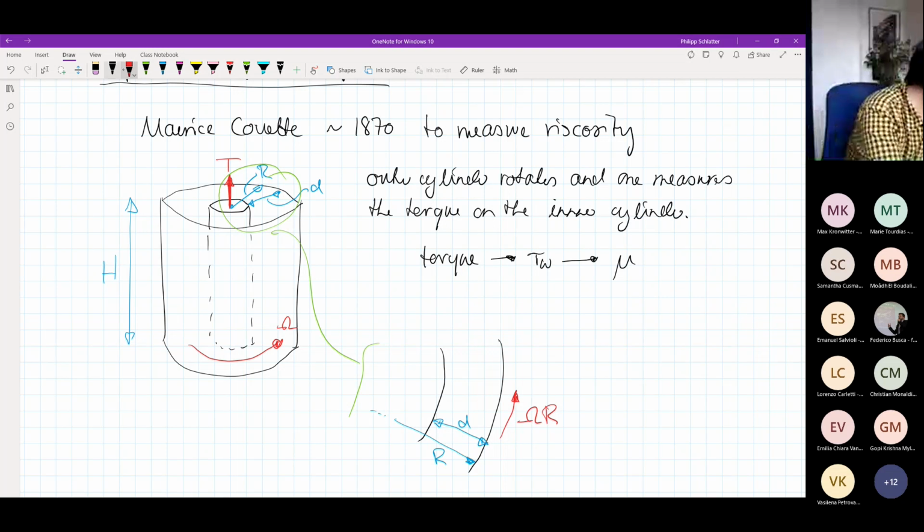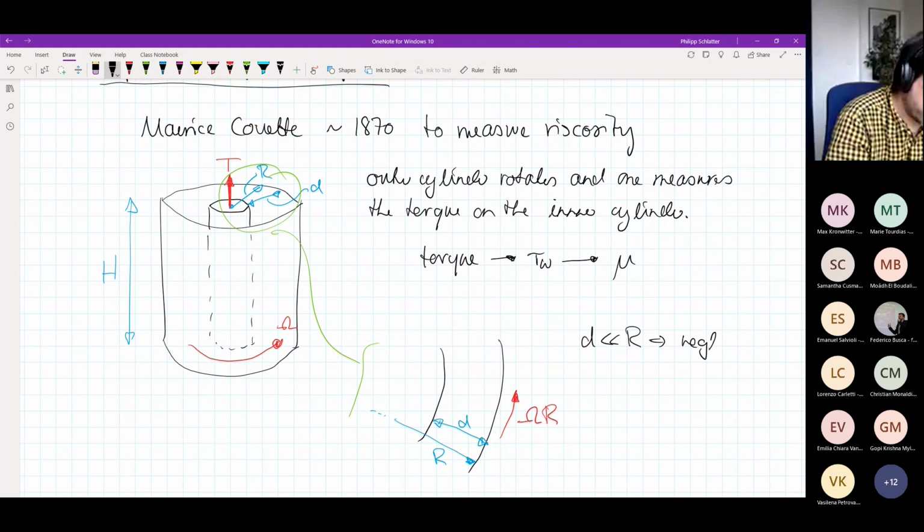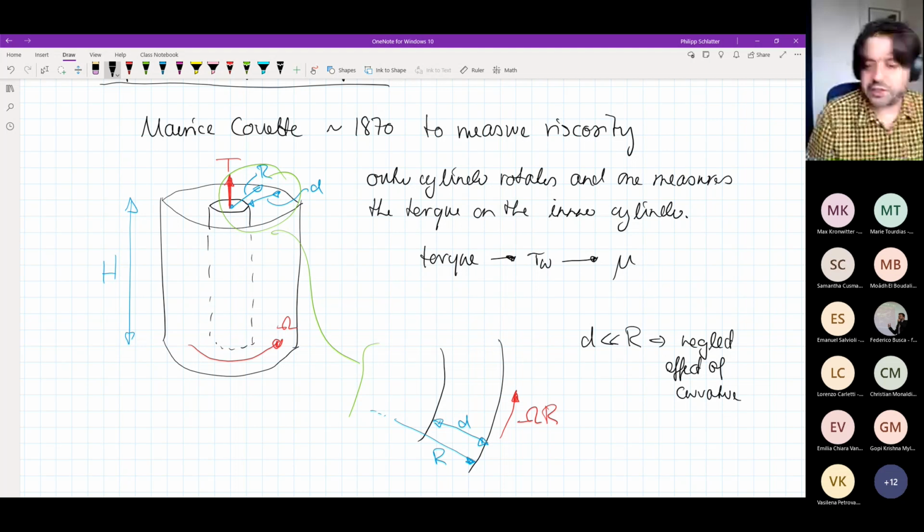Now the idea would be, and that's one of the assumptions that we need to make, that we assume that d is much, much smaller than R, and that means that we can neglect the effect of curvature. So we can assume that these two lines, the inner and the outer cylinders, are parallel to each other.